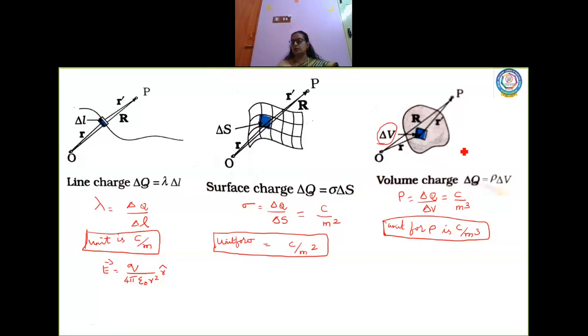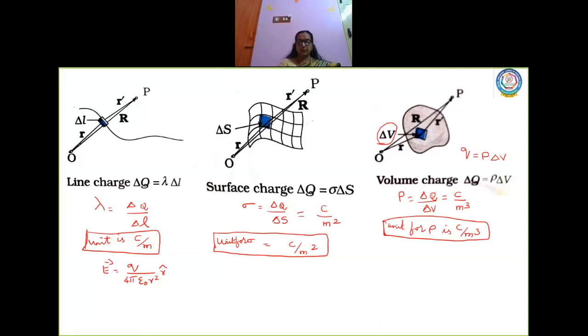Charge in this volume element is given as Q is equal to rho into del V, right? How many charges are there in this small volume into the density? That gives the amount of charge present in the charge element. Are you able to understand?